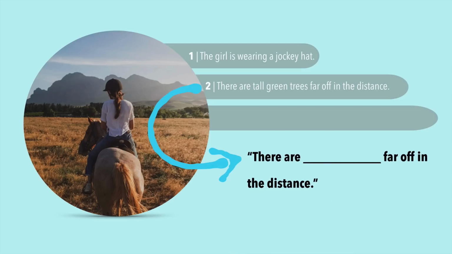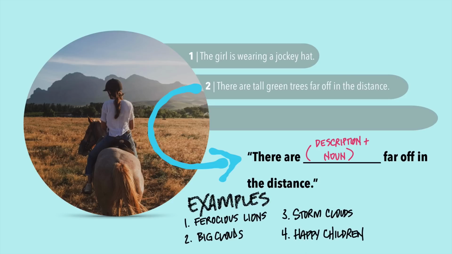Now our next pattern is, there are tall green trees far off in the distance. So again, in the picture, you can see that there are tall green trees in the distance, okay? Now our pattern is, there are, so the description plus a noun, far off in the distance. So our examples, we have number 1, ferocious or very violent or dangerous lions.